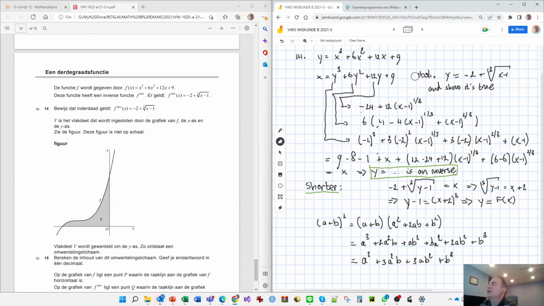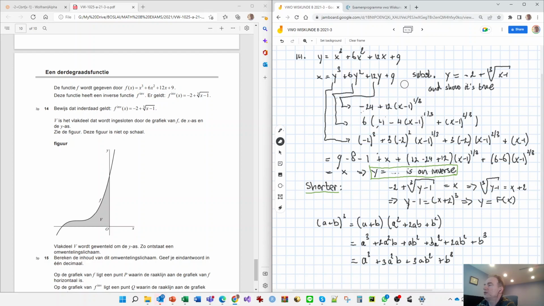And how would you do that in this case? Actually, doing that is far from trivial. But since they already give it, we would just want to prove it by substituting. So in other words, I swap x and y here, and then I substitute for y this expression, and then I will show that this is true. So if this equation is true for this y given, then I've shown that this is an inverse. And that's a little tricky, but doable.